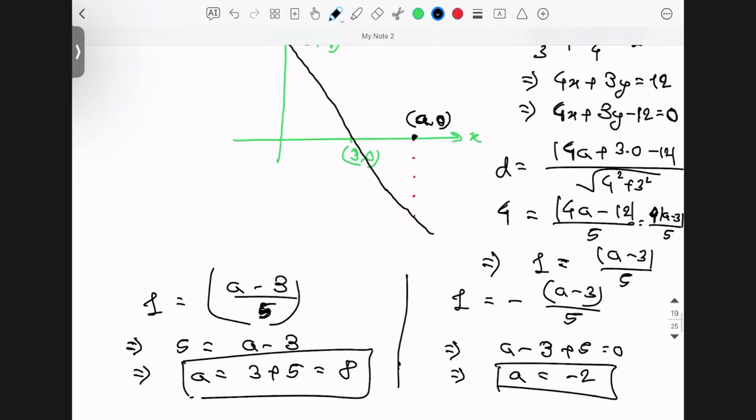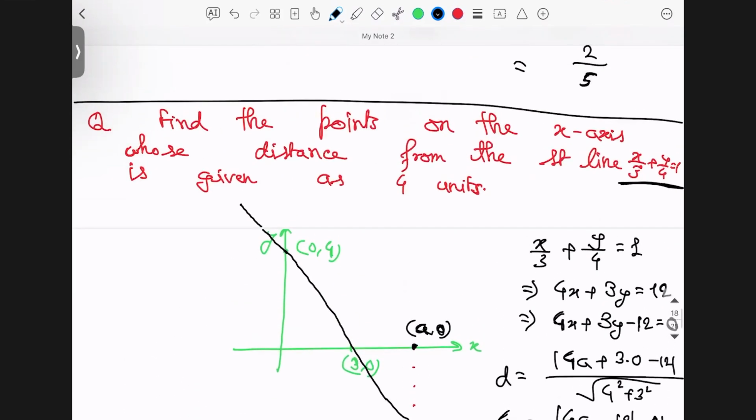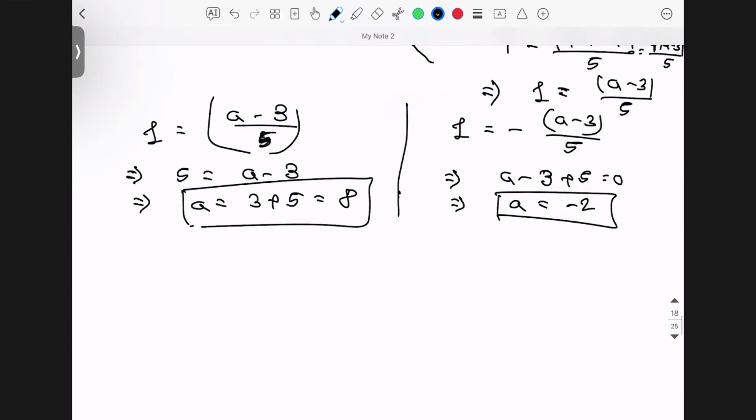So from here, using the formula of the distance and the information given in the question, we can clearly say that a can have 2 values: a equals either 8 or minus 2.